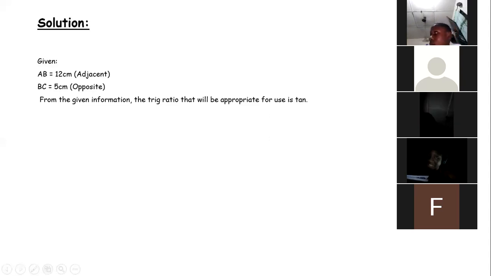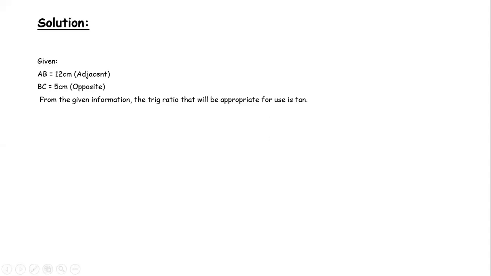So if we go back to the list of our trigonometric functions, what is the function that connects opposite and adjacent? That is tangent. So that implies that tangent will be applicable in this question.